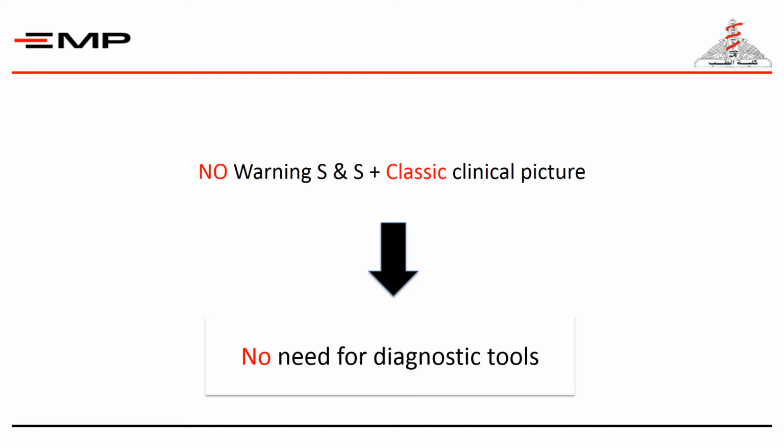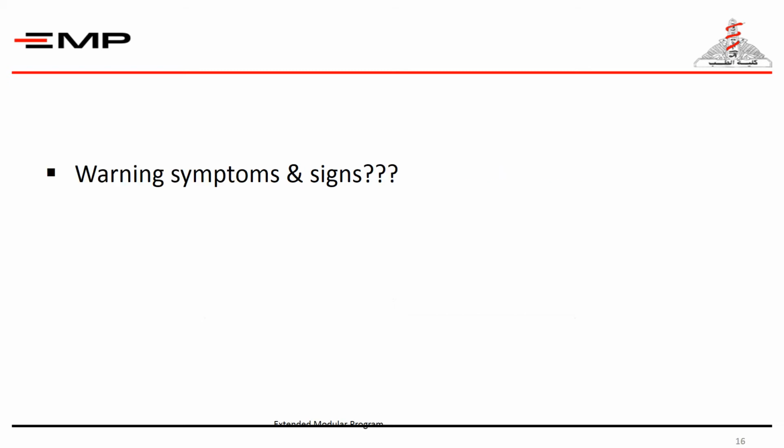If there are no warning symptoms or signs in the history or in the examination, and the clinical picture is classic of gastroesophageal reflux or gastroesophageal reflux disease, there is no need to do any other sophisticated diagnostic test. So the question is, what are these warning symptoms and signs? This is some work for you to do till we meet.